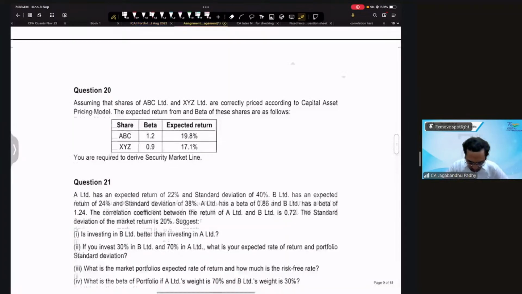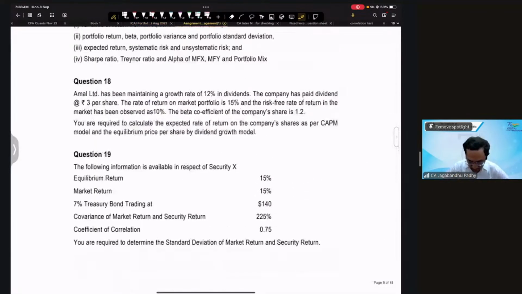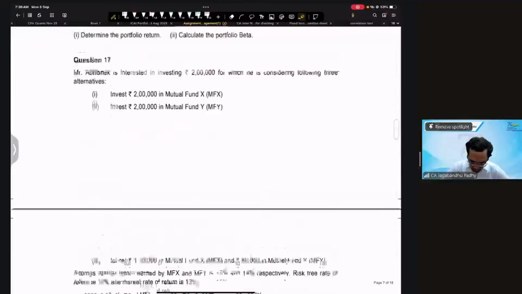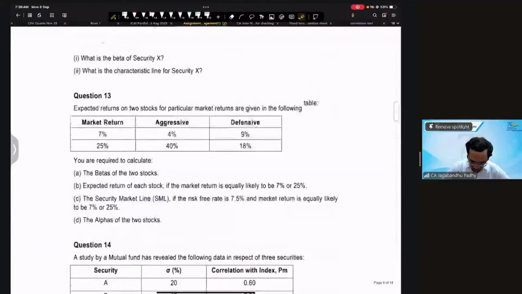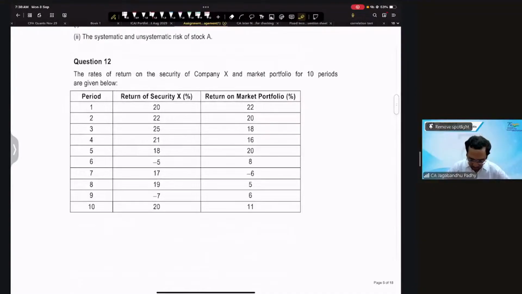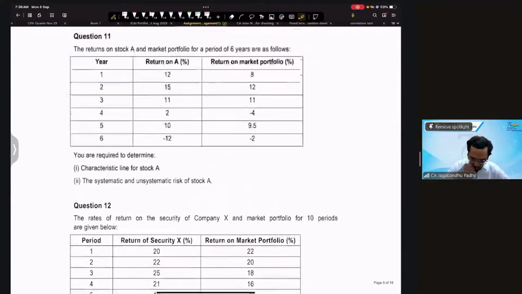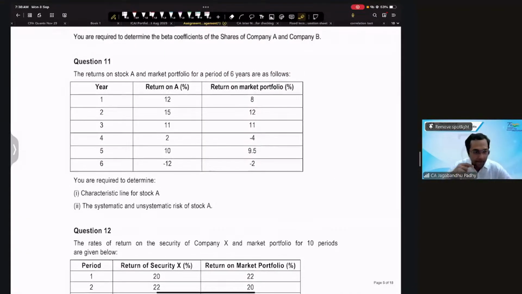So let us take this particular question for understanding the characteristic market line. The return of A and the return of the market portfolio are given. We need to obtain the characteristic line, and then we will talk about the systematic and unsystematic risk.